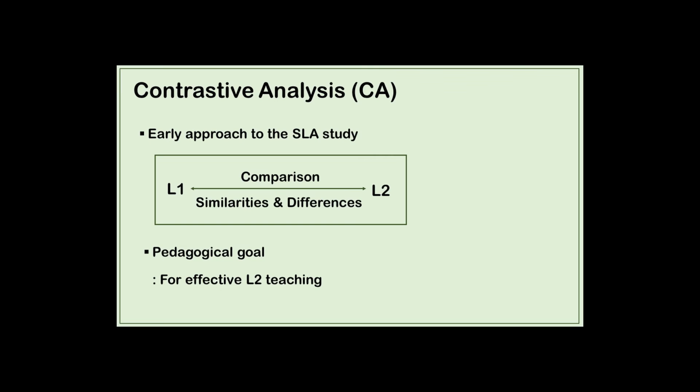Moving on to the early approaches to SLA, let's begin with contrastive analysis (CA). CA was established during the 1960s in the field of SLA, and it is an early linguistic approach to SLA. CA highlights the influence of L1 on L2.